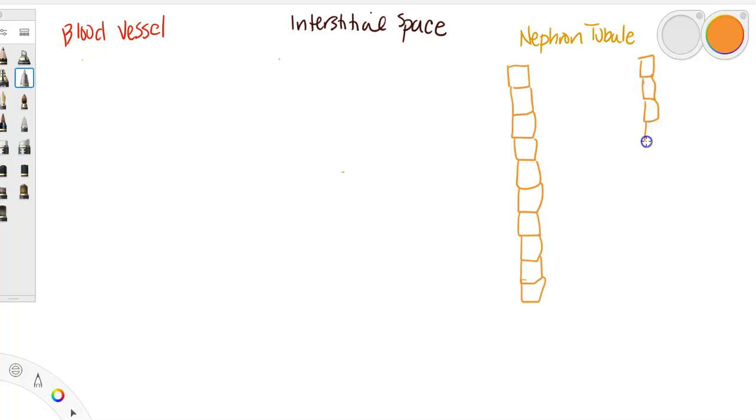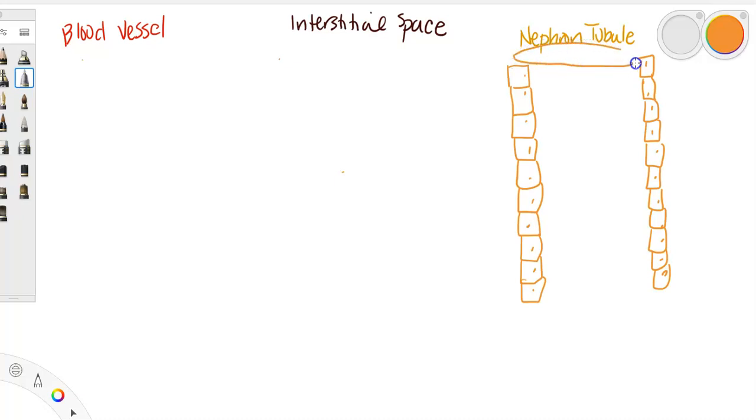The nephron is just a big long tube. And the tube is made or lined with cells. And they're epithelial cells. So kidney tubules are lined with simple cuboidal epithelial cells.